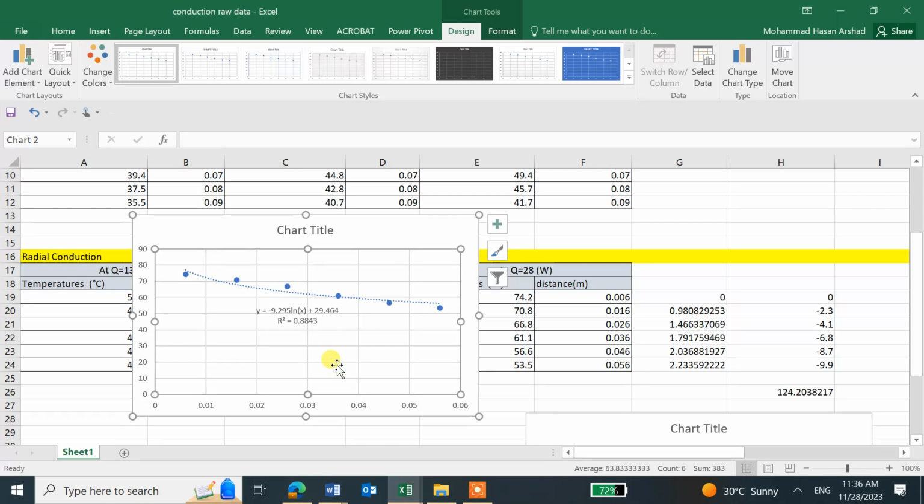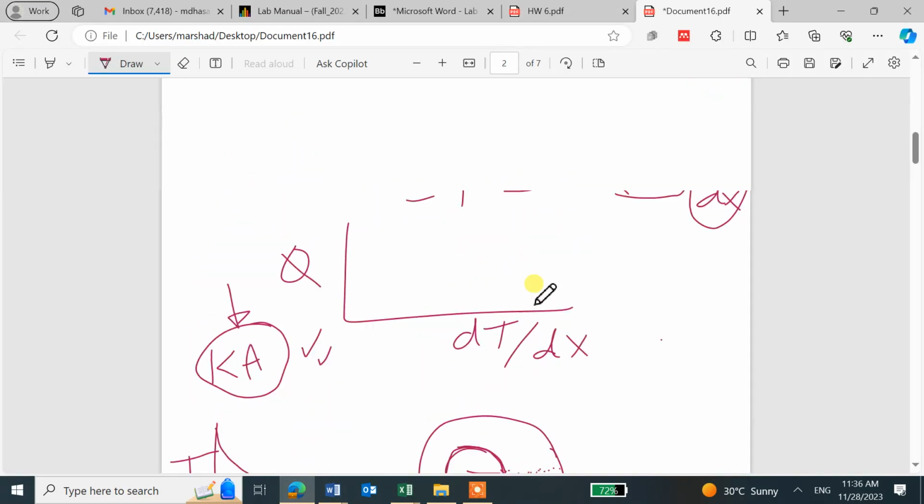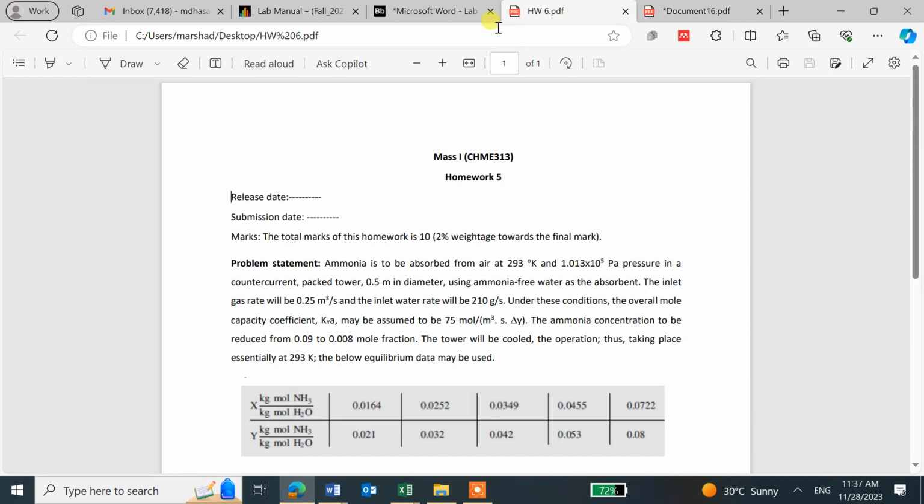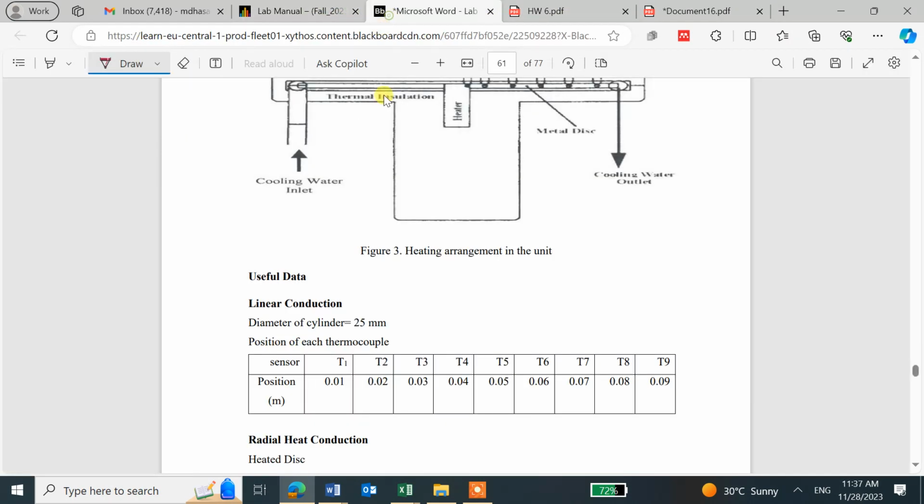Okay, how do we know that? From the lab manual.